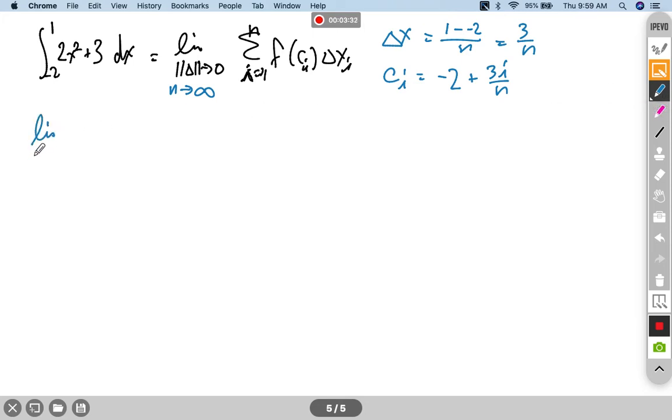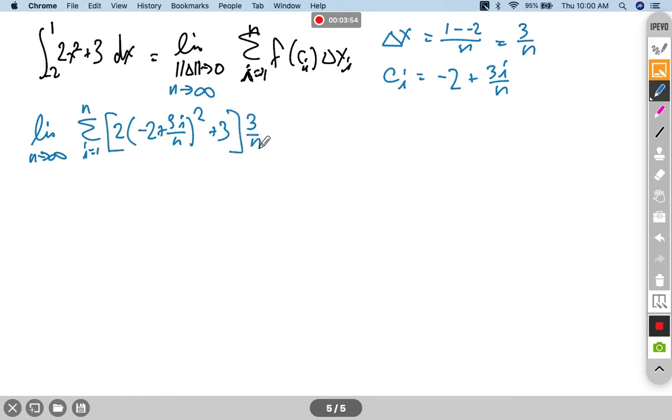So we're doing the limit as n approaches infinity of the sum from i equals 1 to n of 2 times negative 2 plus 3i over n, squared, plus 3, and we take the whole thing times our delta x, 3 over n.